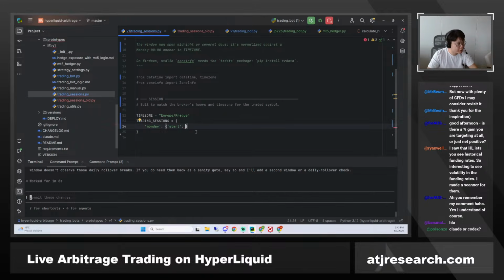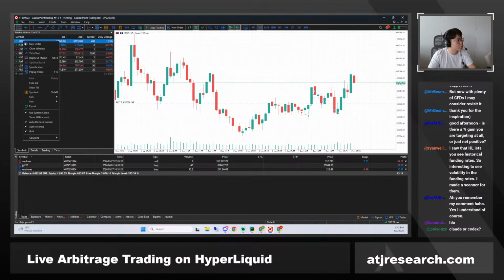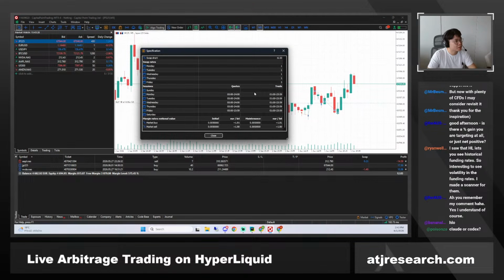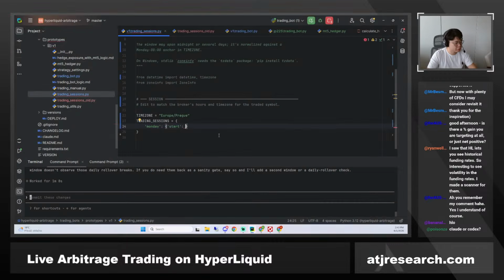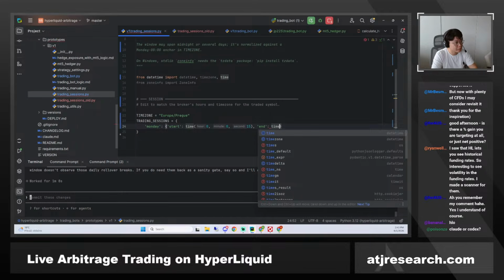For JP225, we can check the market hours in the specification, and we know that trading on JP225 is allowed from 1 a.m. platform time, which is midnight Prague time. So I will say 15 minutes after market open, so it's going to be time 00:15, from datetime import time like this. And when should the bot stop trading, right? And here we can provide time.